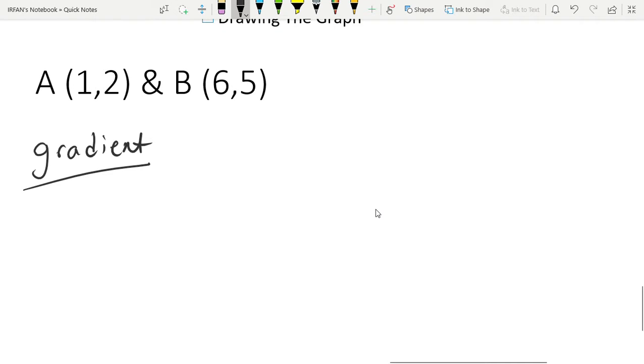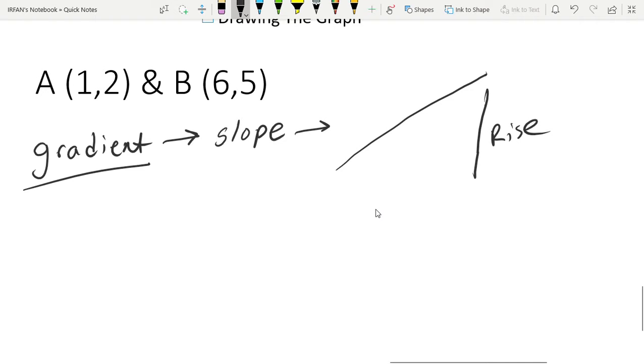So what is gradient? Gradient is also called slope. Whenever I think about gradient, I think of a line like this. So this is a slope. Gradient also means rise by run.